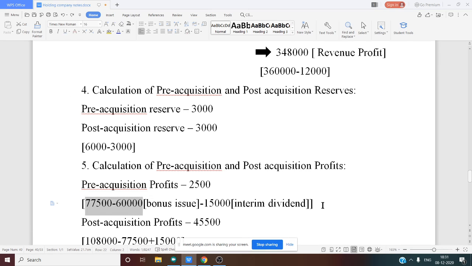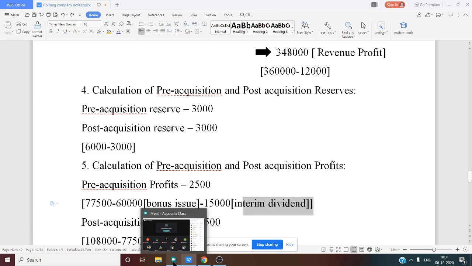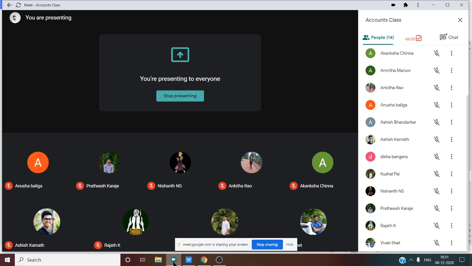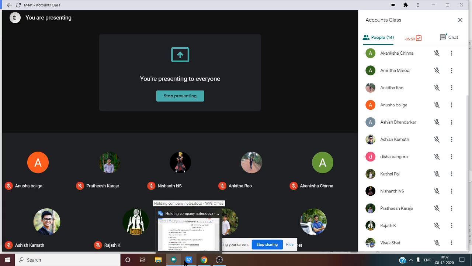But I have already told there is an interim dividend calculation. Since there is a bonus issue, we will assume that there is interim dividend also, and interim dividend is paid after the acquisition. Why after the acquisition? Because you know it is somewhere in between the year. I have already told it is somewhere in between the year. Acquisition was at the beginning of the year.